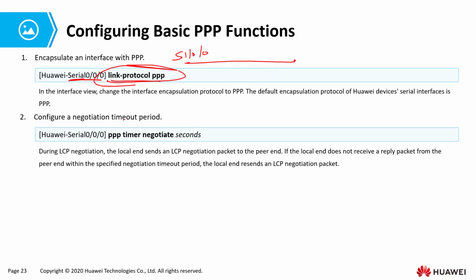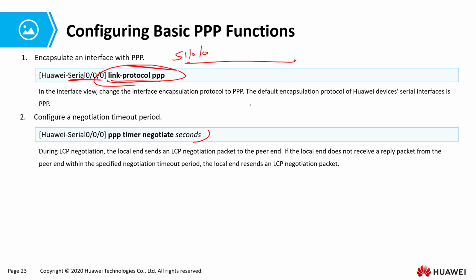And then you would go and configure a timeout period. This is the time with which the local end will wait before receiving a reply packet from the peer end. Within that specified negotiation timeout period, the local end will be resending. The default is 3 seconds. I talked about that. So the PPP timer negotiate seconds, you specify the number of seconds.